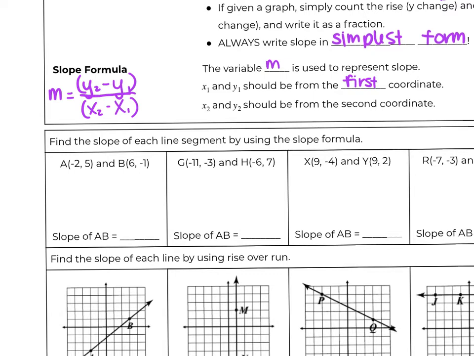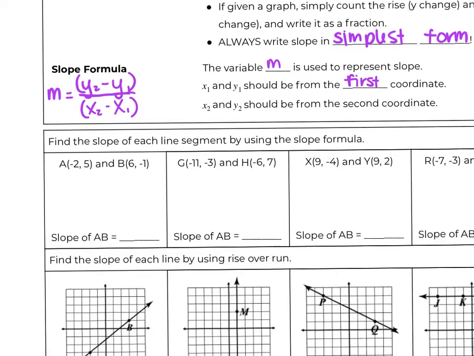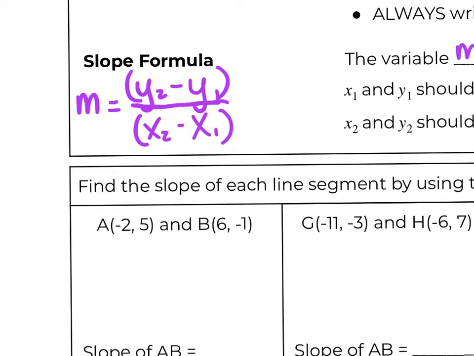It doesn't have to be that way, but you do have to keep, let me show you this real quick, this is from one coordinate, and this is from one coordinate. I cannot swap those. That's the main mistake I see.